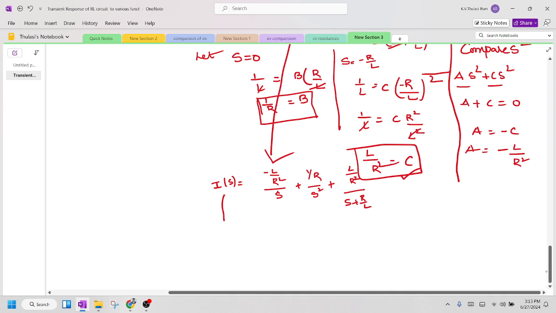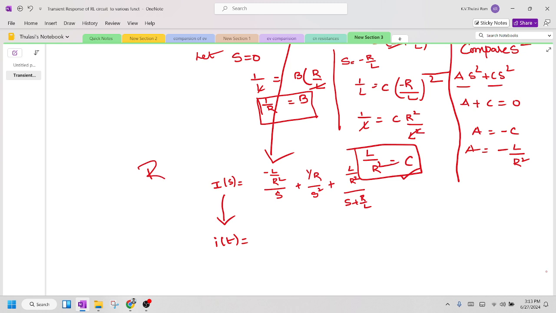But I require the current, which is the transient current in a series RLC circuit for a unit ramp function. So we take the inverse Laplace transform.